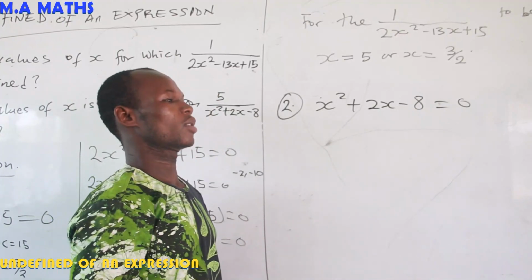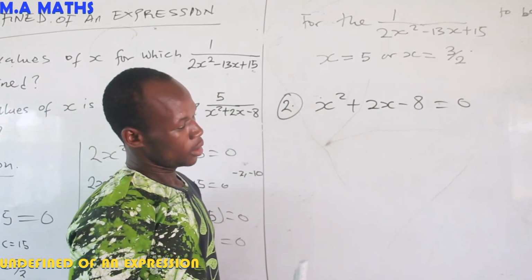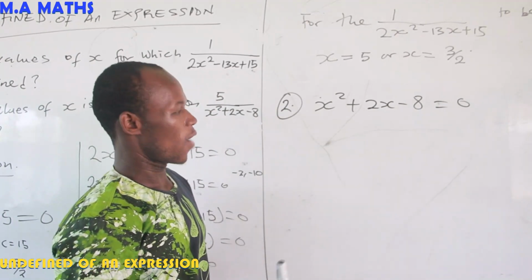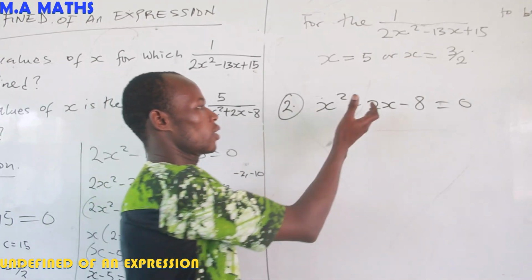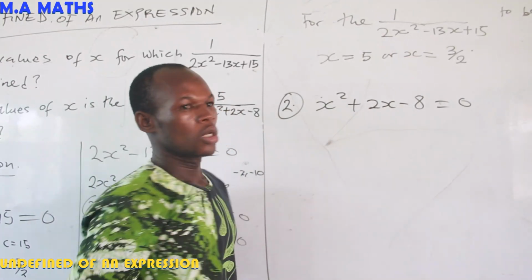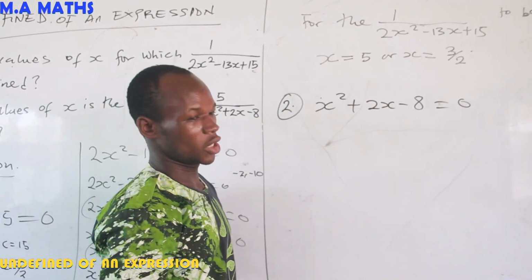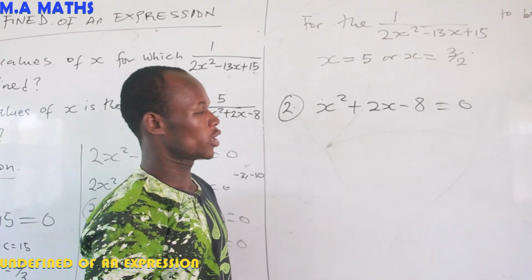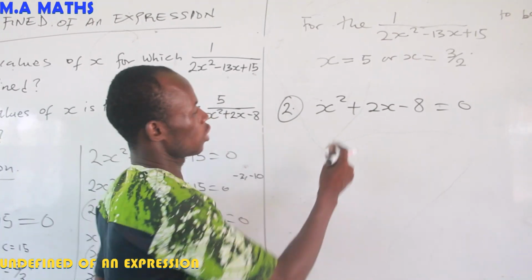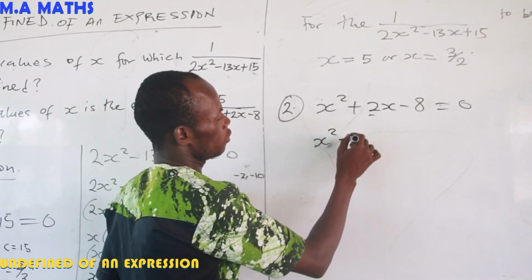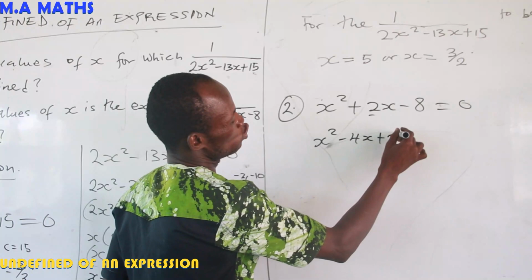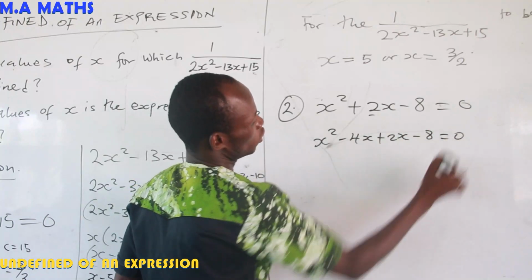What two factors of negative 8, when added, give 2? That will give me positive 4 and negative 2. So I replace these: x squared plus 4x minus 2x minus 8 equal to 0.